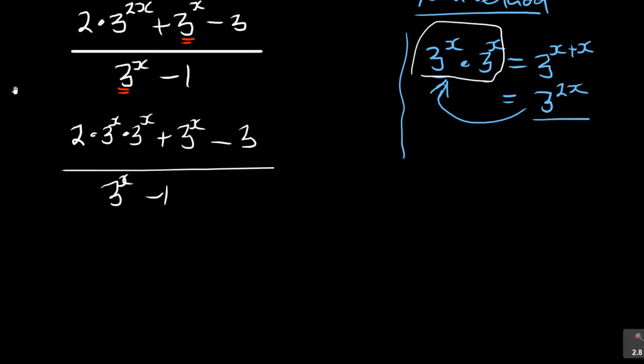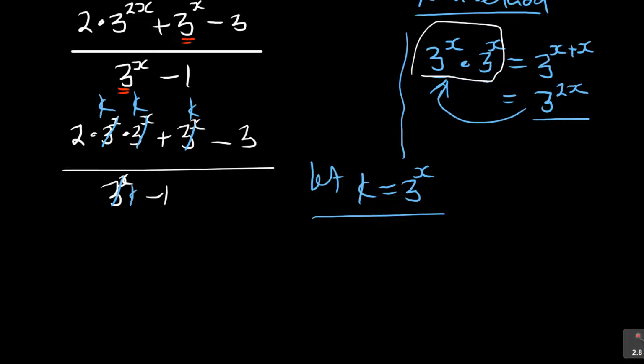That's what I'm doing there. And then that's where I'm going to say let k be equal to 3 exponent x. See, that's why it's called the k method. So where there is 3 exponent x, you put k. Here you put k, there you put k, there you put k.